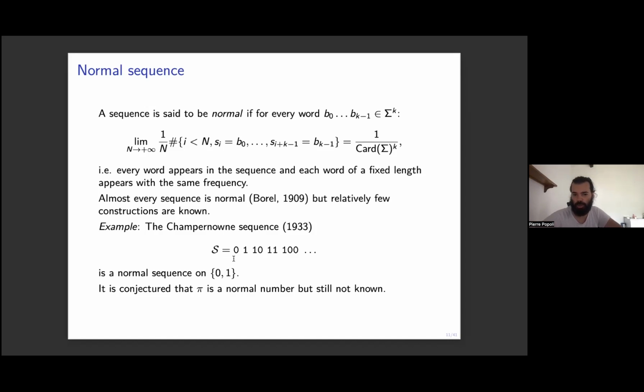So you start with 0, then 1, then 2, which is 1, 0, then 3, which is 1, 1, then 4, 1, 0, 0, etc. And you can prove that this is a normal sequence. In fact, this works for every base, but this one is on the binary alphabet. And nowadays, we still don't know if pi is a normal number, and it is the same for the square root of 2 or other famous constants.